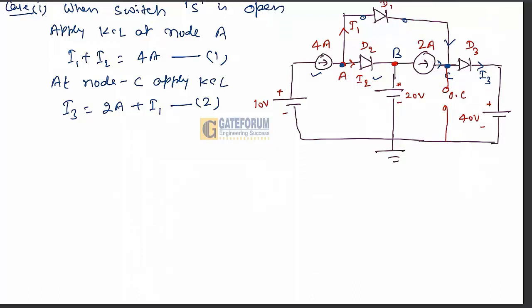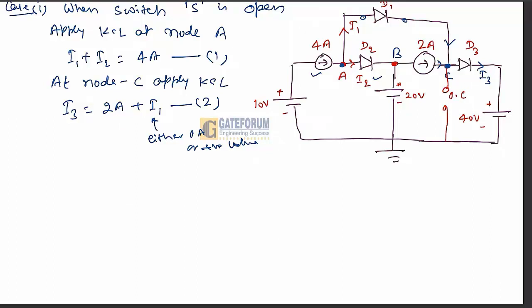And from equation number 2, this is giving I3 is equal to 2 ampere plus I1. So I1 has the possibility of being either 0 ampere or a positive value, because I1 cannot be negative. It means I3 will always be positive.